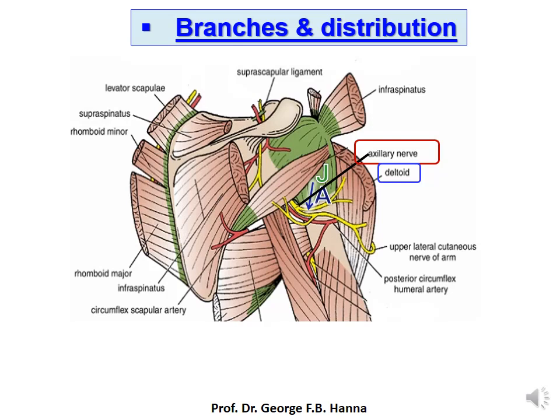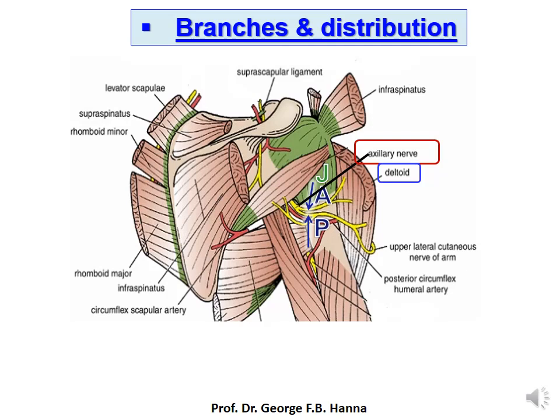As you can see, anterior division terminates into the deltoid muscle, which is marked by the rectangle in blue. Now the other terminal branch is the posterior division, marked by the arrow and the letter P. What does it supply?